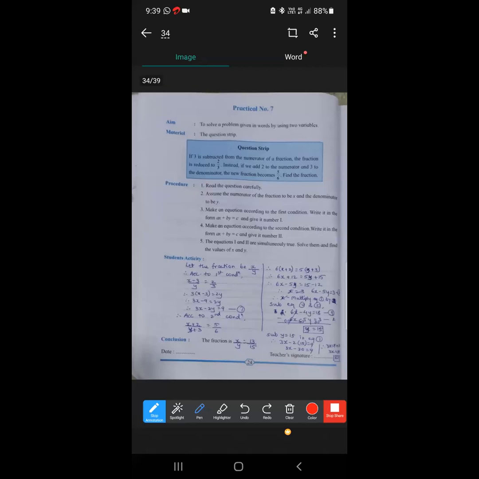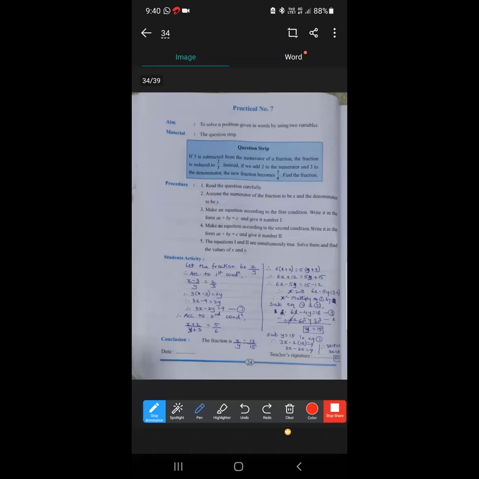Question strip, it is already mentioned in the practical, that is, if 3 is subtracted from the numerator of a fraction, the fraction is reduced to 2 upon 3. 3 is subtracted from where? In the numerator. All of you know that when I talk about the fraction, it is numerator upon denominator.